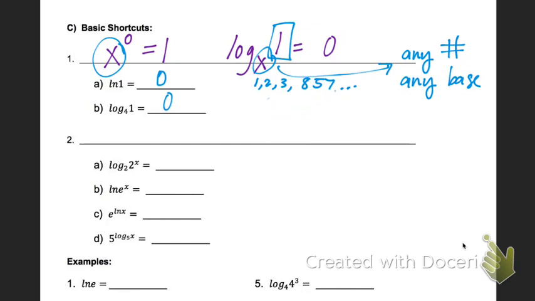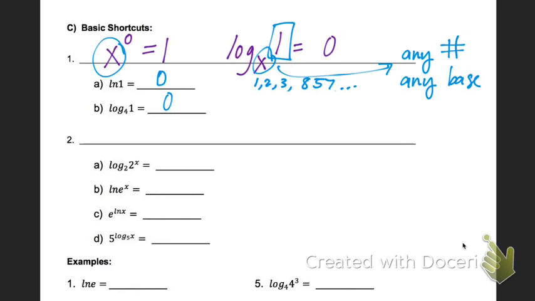So if you ever see a 1 in the slot, not the base slot, but the number, that's always going to be equal to 0, because what it's essentially saying is it's raising it to the 0 power.